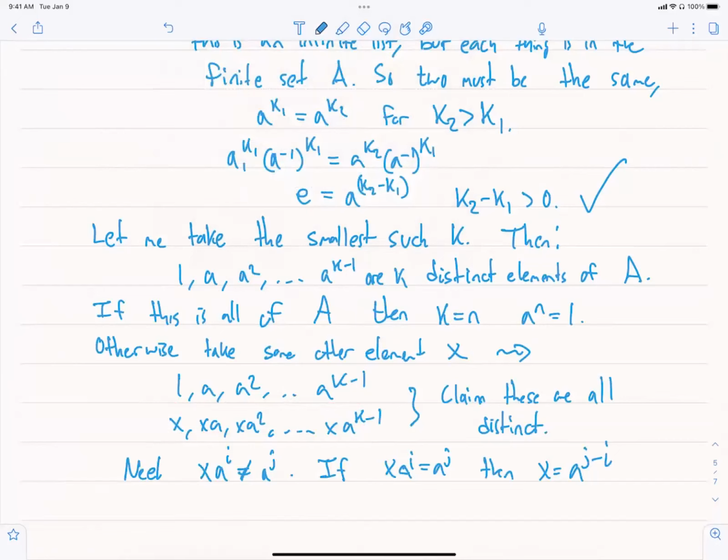But that contradicts what we assumed, because we assumed x wasn't a power of a. And when I do this table, I'm really hitting all of the powers of a. So good, x can't be such a power. Can't happen.